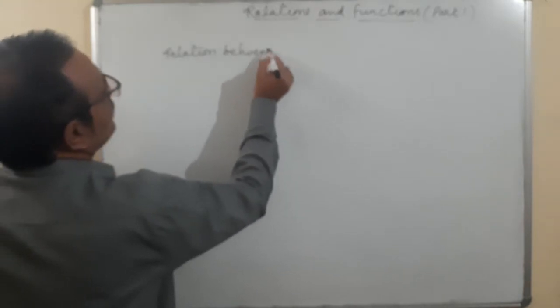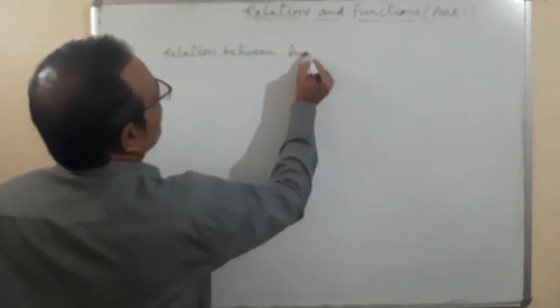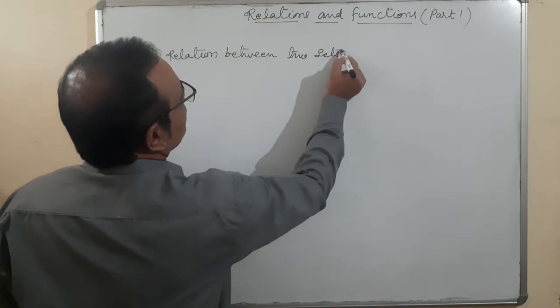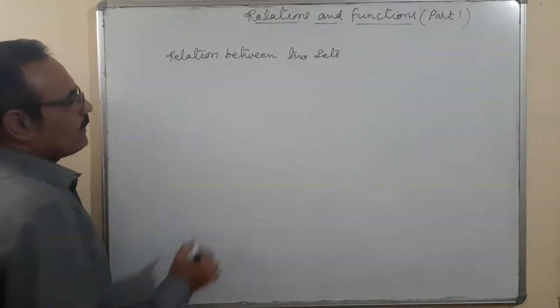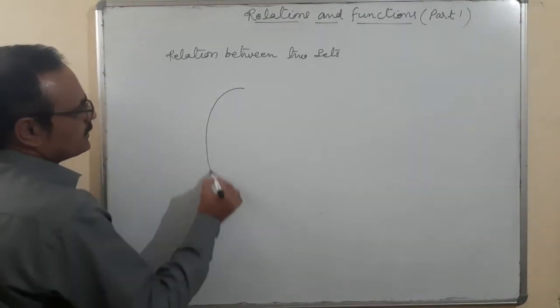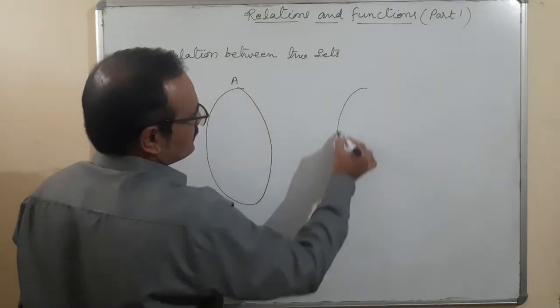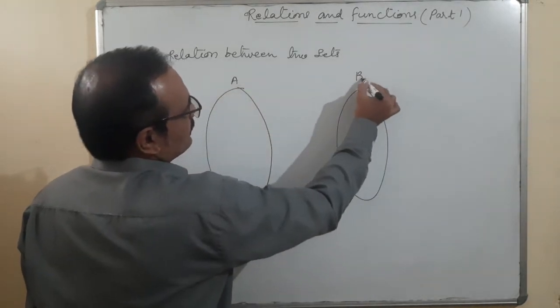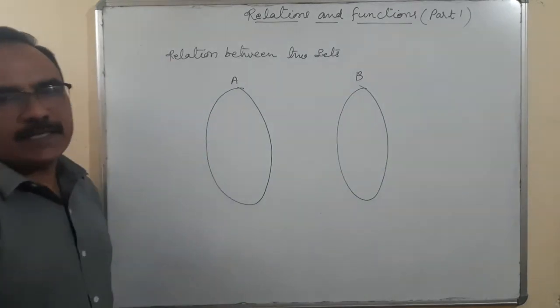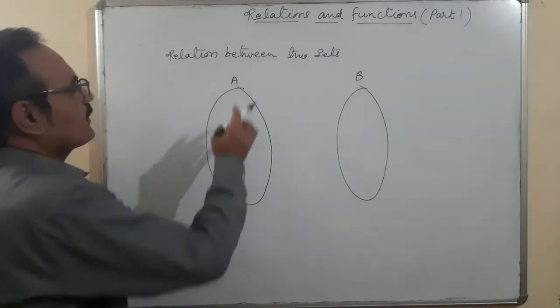A relation between two sets. This is the first set A, second set say B.